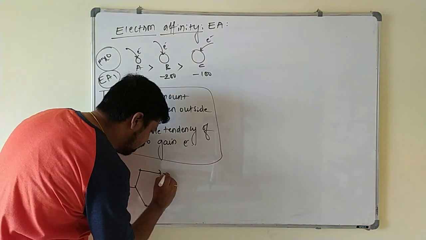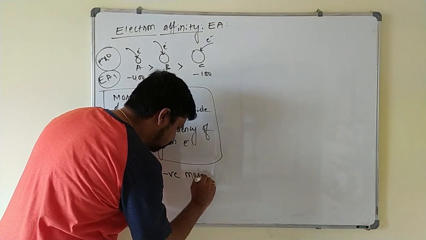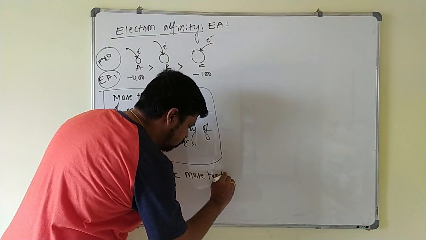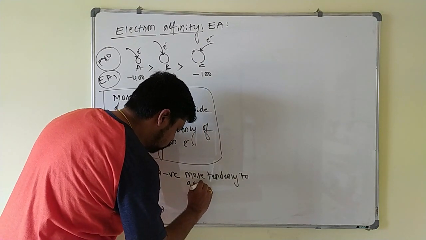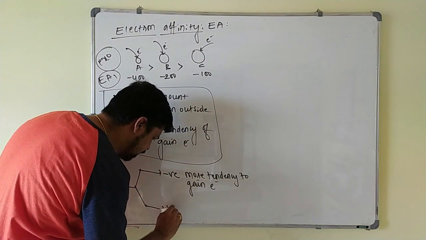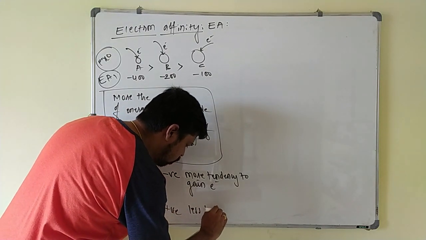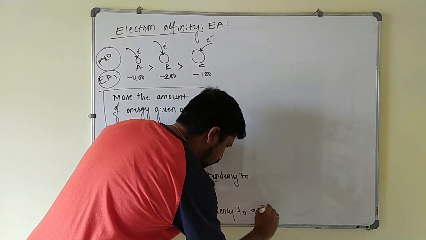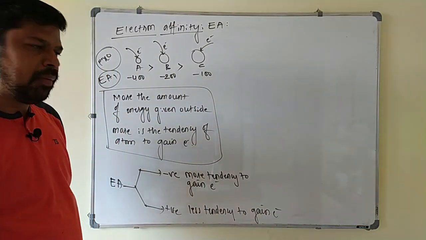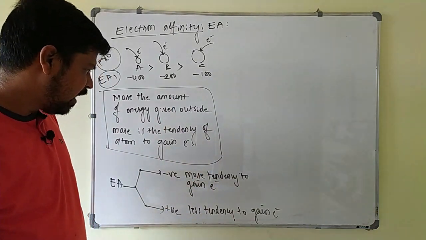So here, if electron affinity value is negative, more tendency to gain electron. Suppose if it is a positive, that is a less tendency to gain electron. Always you keep in mind, electron affinity values are written in the negative sign only.